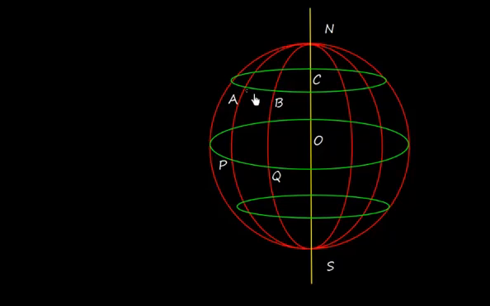Now let's have some points here. The vessel moves from point A to B this way, and on this circle, which is the parallel of latitude, this is the center C. Similarly, at the equator, the corresponding points are P and Q, and the center is O. It has been marked like this for easy understanding.